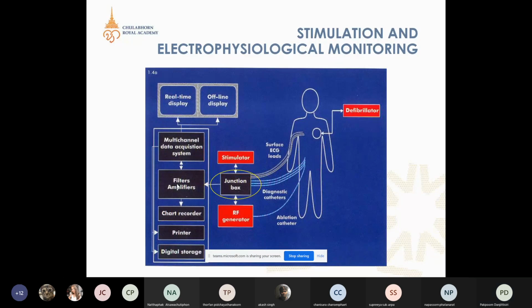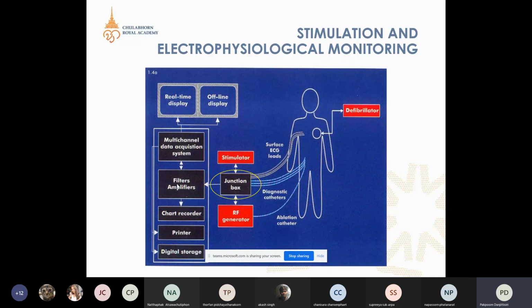So if you want to see the signal on the screen, the workstation needs to use the amplifier to increase the size of the amplitude to help you see the electrogram on the screen.